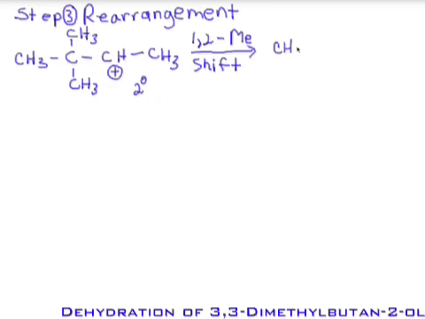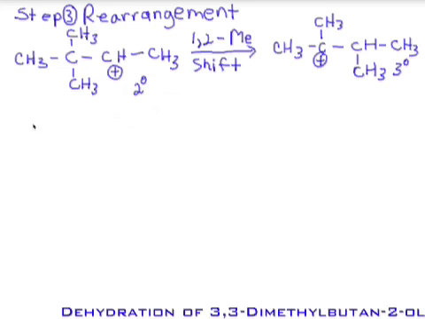If I do a 1,2-methyl shift, I get this carbocation, which is tertiary. 1,2-methyl shift from secondary to tertiary. Is tertiary more stable? Indeed it is, so this 1,2 shift happens.